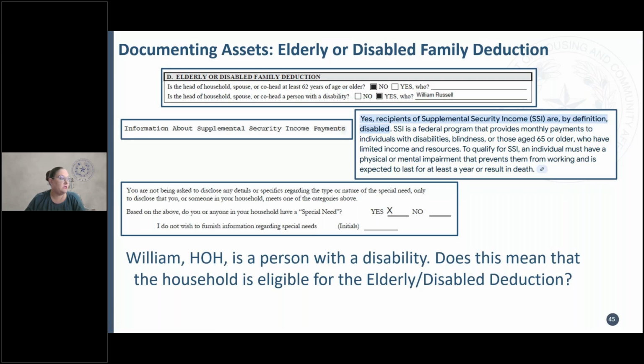So I'm going to launch the poll here to see if this household is eligible for the elderly or disabled deduction.